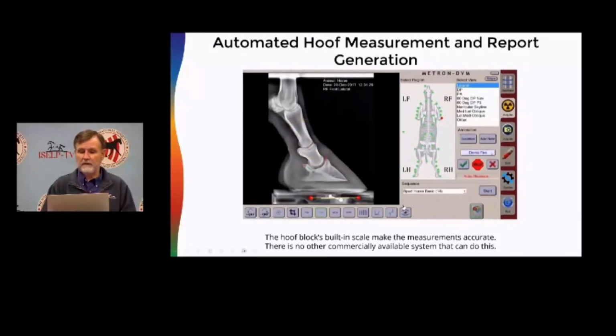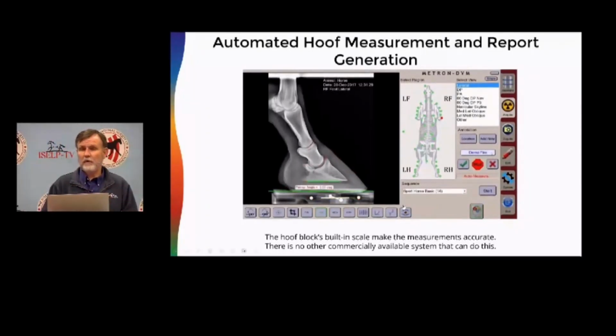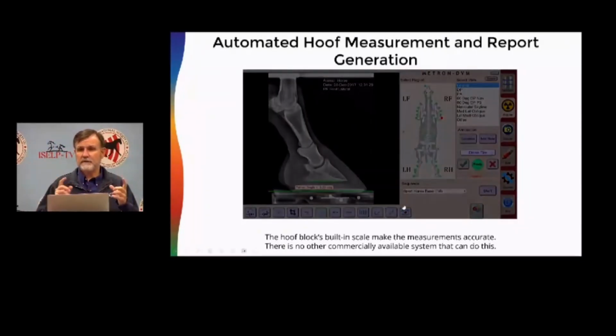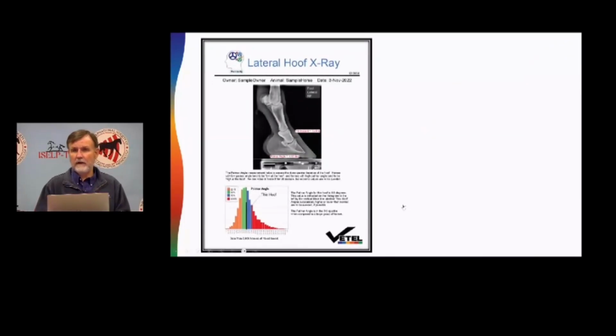So here you're seeing the 26-point markup that we do of the lateral equine foot that generates a report with the 10 most common indices of measurement that are used to identify pathology in the horse. And then once you do that, it automatically generates a report for you. So here's a picture of this patient. Here's the normality curve.